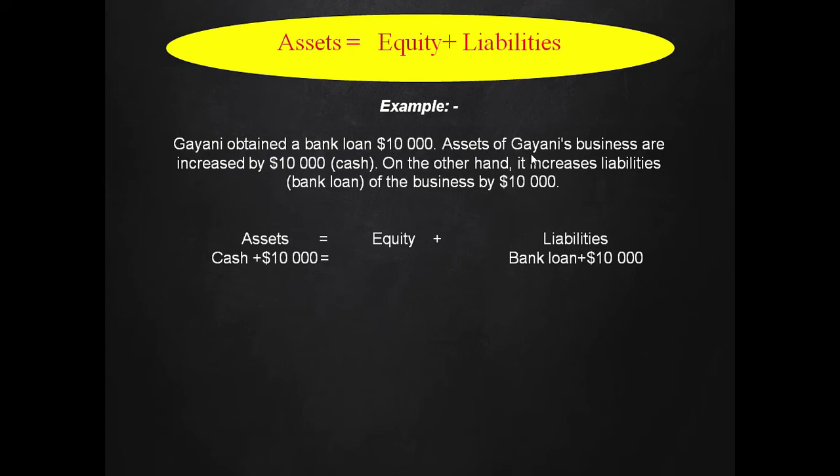So the assets of Gayani's business are increased by $10,000 cash. She received $10,000 cash. On the other hand, it increased the liability. Bank loan is a liability of the business by $10,000. So assets increased by $10,000 and liabilities increased by $10,000.